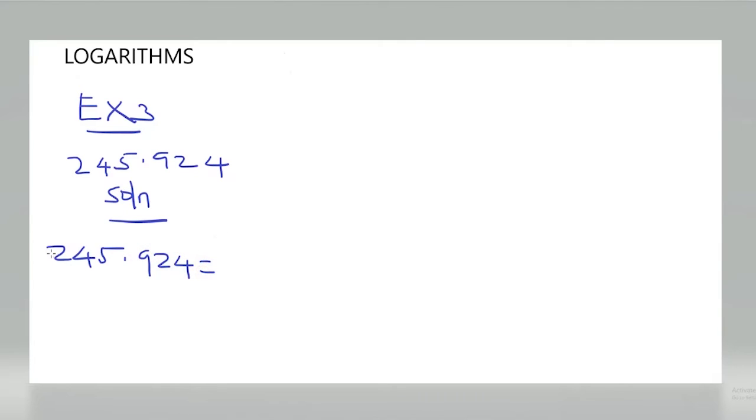Now the first digit is 2, and the second digit is 4, then 5. Okay, now what I've done here, I'll be moving 45 to the other side of the decimal point.